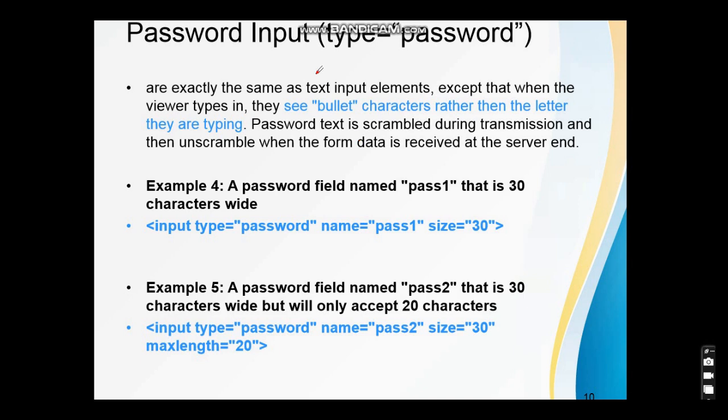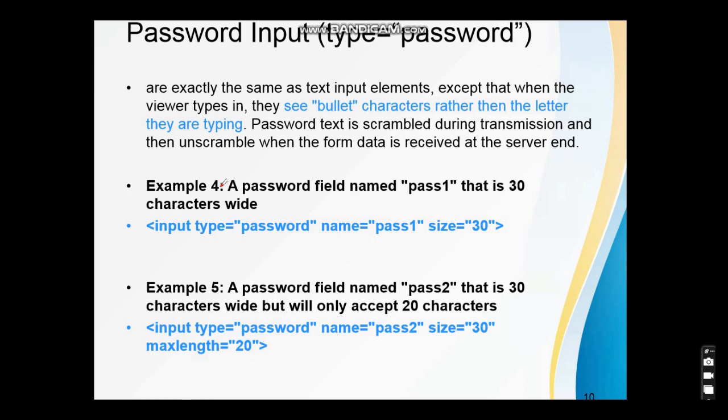Next, input type is equal to password. Basically, these are exactly the same as text input elements, except that when the viewer types in, they see bullet characters rather than the letters they are typing. Password text is scrambled during the transmission and then unscrambled when the form data is received at the server.